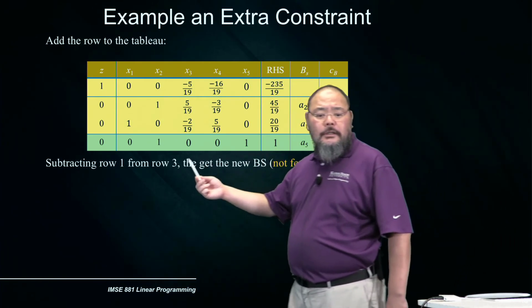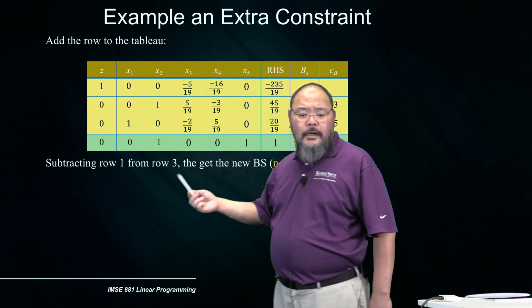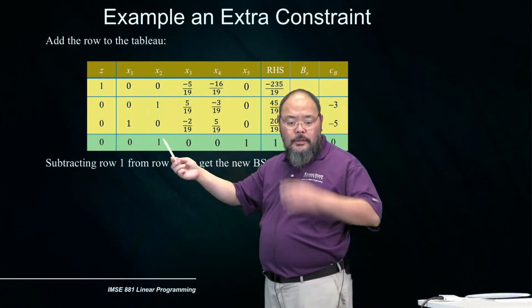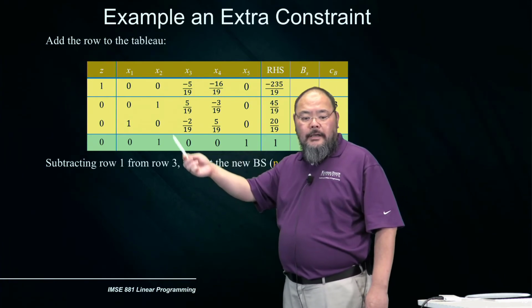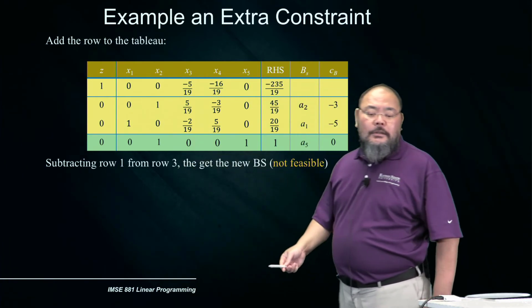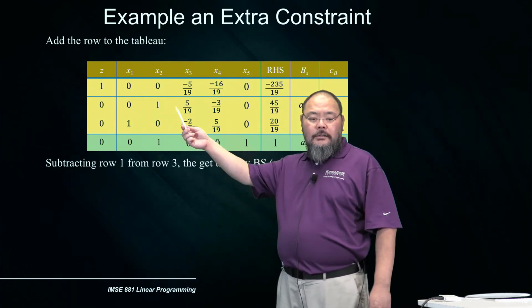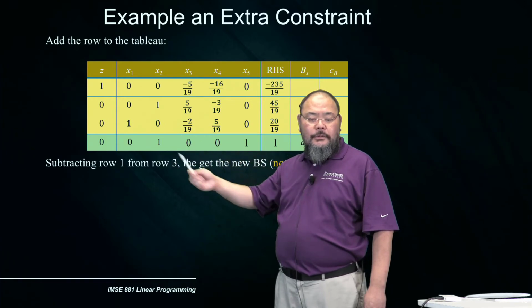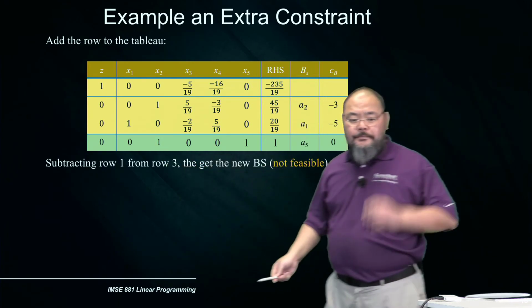Since currently x2 is the basic variable, and now this column A2, y2, is no longer identity, we need to perform a pivot to make it an identity column. So what we do is take this row multiplied by -1 and add it to the last row in order to make this entry 0.